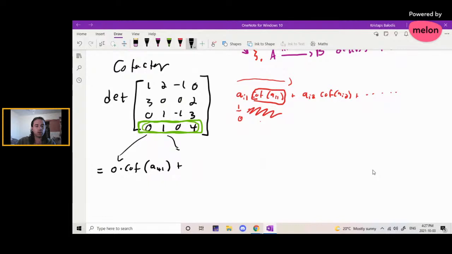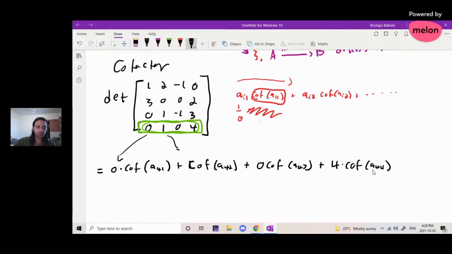So this will be plus 1 times, again since it's 1 multiplied by something I don't need to bother writing it out, so we'll have the cofactor of A42, plus 0 times the cofactor of A43, which I'm not going to bother writing out because it's just multiplication by 0, plus 4 times the cofactor of A44.